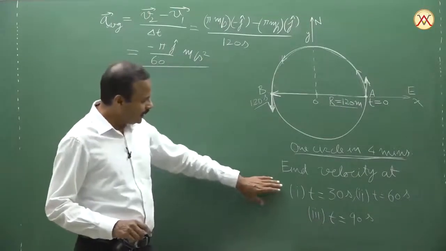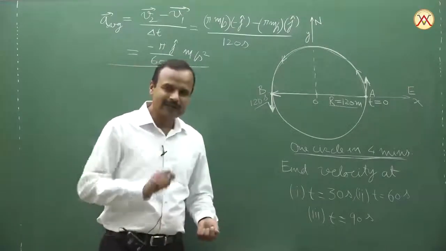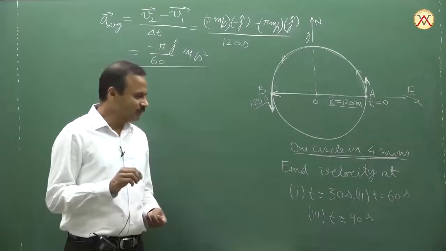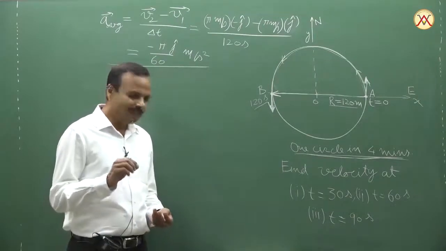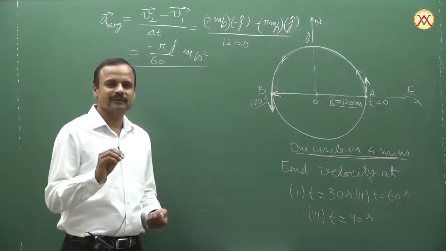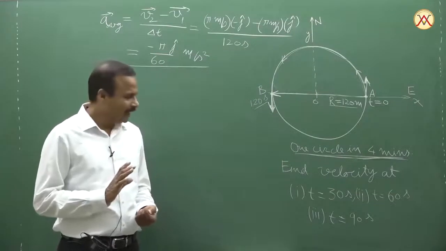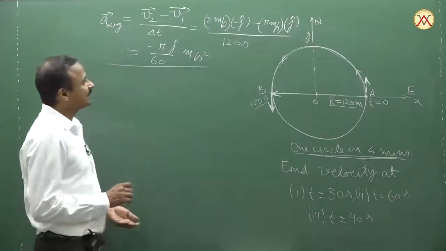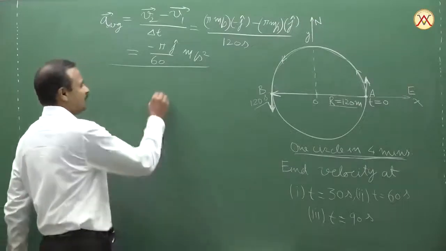So now we already know that the particle is moving at a constant speed, which means the magnitude of velocity will remain the same, equal to the speed, which is pi meter per second.